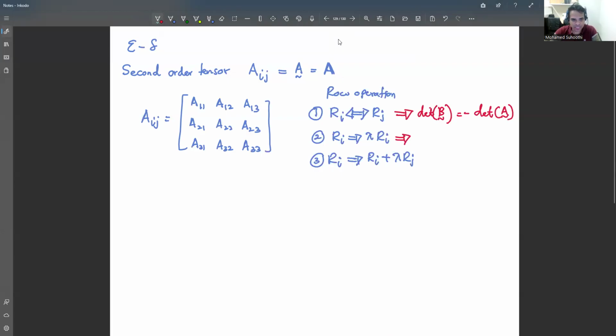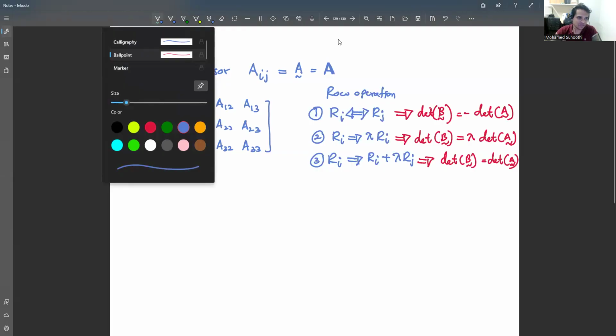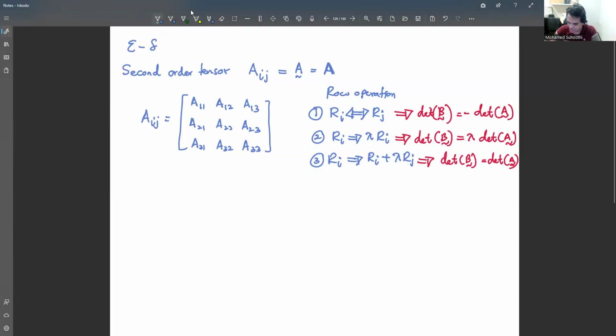So for example, in this case, the B matrix means after row operation, you get that matrix, that matrix I called B. So in this case, it is lambda into determinant of A. In the last case, the determinant of B is equal to determinant of A. So these are the three things you studied in your matrix algebra.